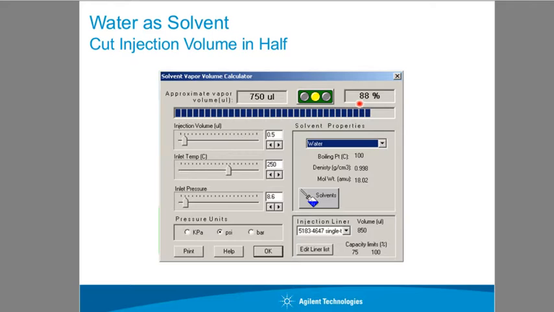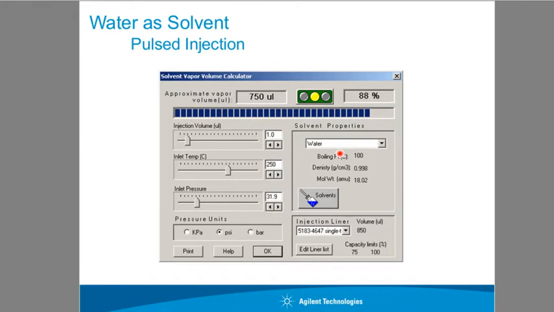I was okay with 88% capacity, so what I did is I increased my inlet pressure. Now you can see we're almost at 32 psi to get the same percent capacity that we're utilizing. So if I do a pulsed injection, I would need to pulse it at 32 psi to enable myself to inject 1 microliter of water.